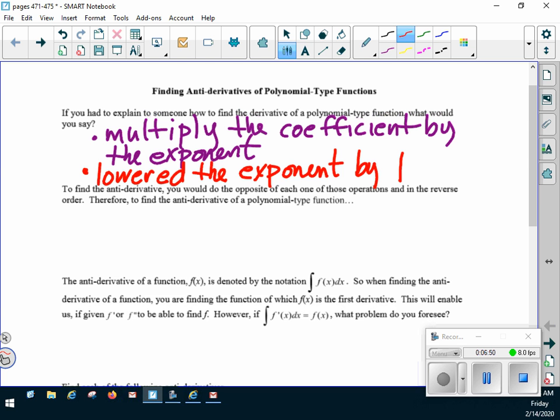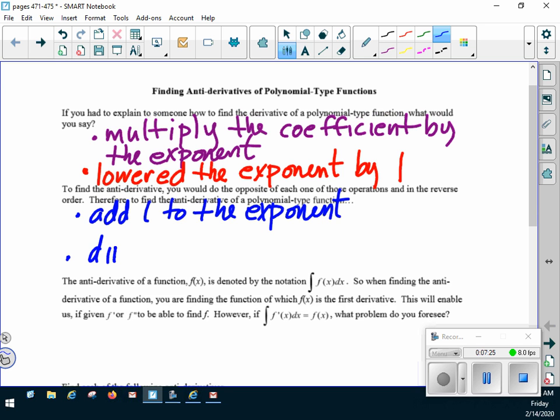You got to undo in reverse order, don't you? Daggum. So we're going to do what first? Add 1 to the exponent. And then divide what?